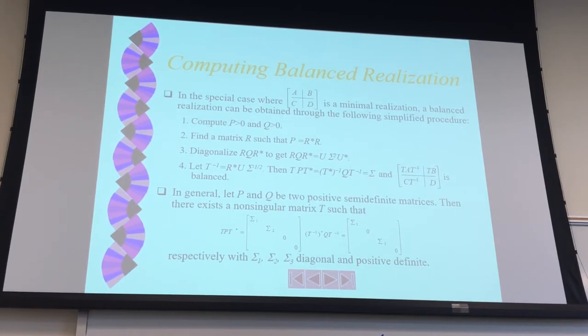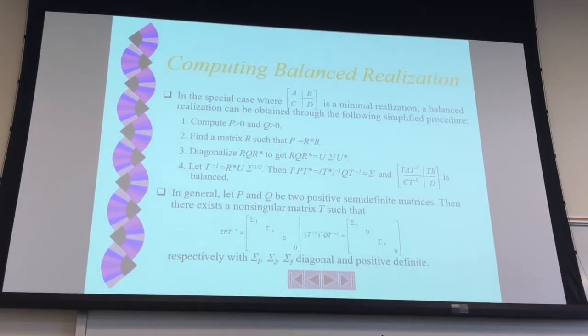SVD. Okay? So then you basically do a transformation of P and Q. Your T is constructed from here. You make a diagonal of this one to diagonalize this. Then you can actually write it in terms of sigma squared in here.